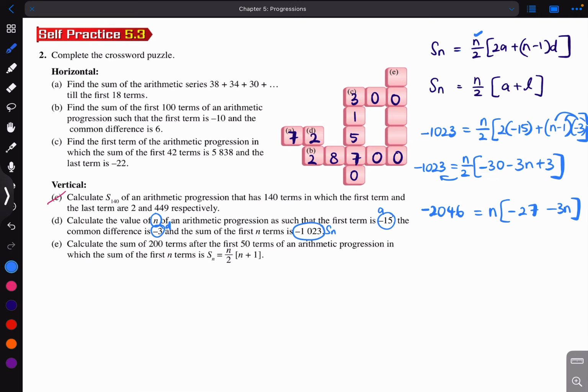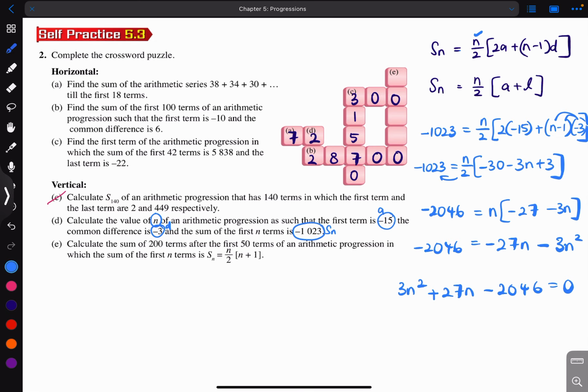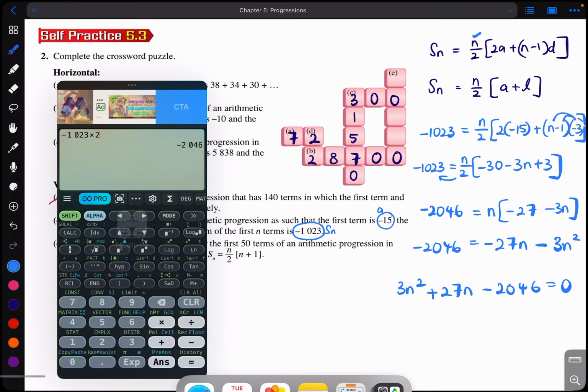So here negative 27n minus 3n squared is negative 2046. Okay, so I'm going to bring all this here. So 3n squared plus 27n minus 2046 is 0. So we factorize using calculator.